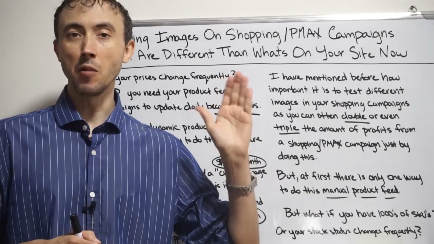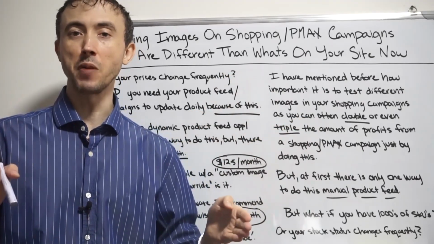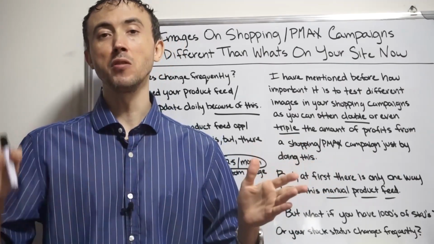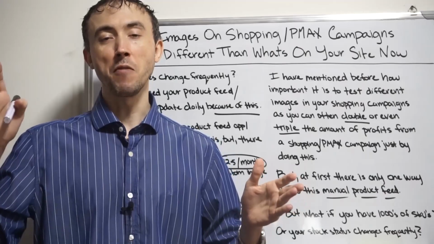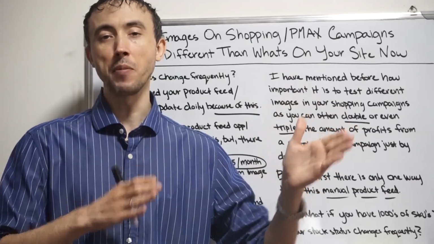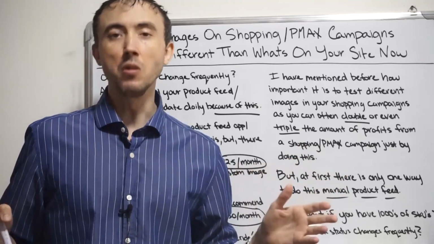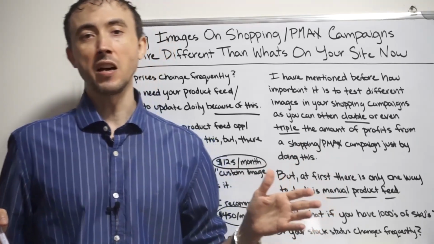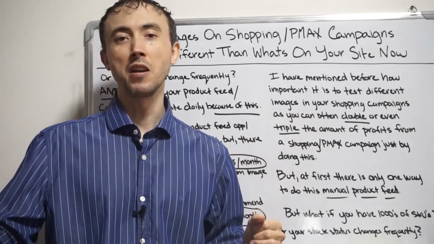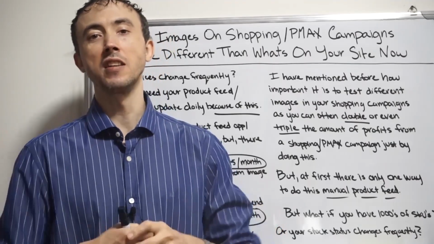If you were to use that same image that gets a great click-through rate on Google Shopping on your product page, you lose a lot of credibility, because the same stuff that catches the eye on Google search isn't the same stuff that people want to see on the website of a credible organization they would want to do business with.